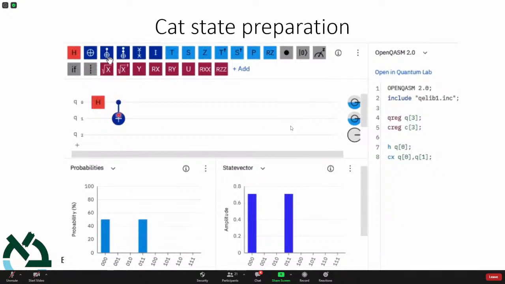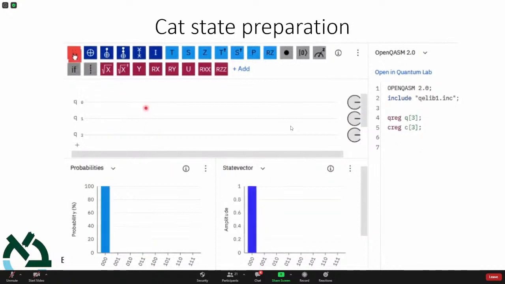The Hadamard gate prepares a single qubit superposition, and when you apply a controlled-NOT gate, then depending on the state of the first qubit, the second qubit is either inverted or not. So you end up in a situation where you have either 0, 0 or 1, 1, and of course this either-or actually refers to a superposition of 0 and 1.